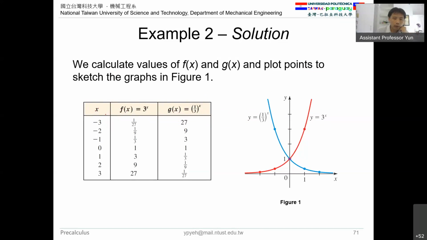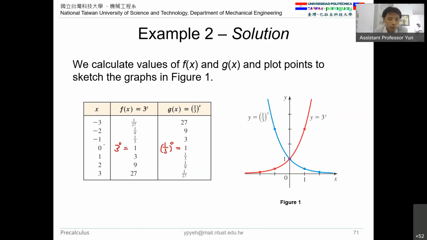In the case when x equals 0, f of x will equal 1, and g of x will equal 1 too here. You can see that this will be 3 to the power of 0, which equals 1, and (1 divided by 3) to the power of 0. We know that is equal to 1 as well, right?